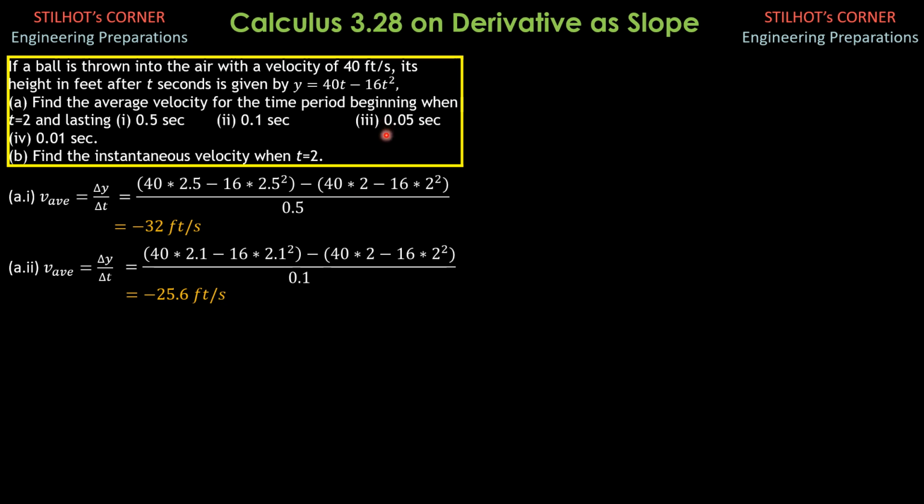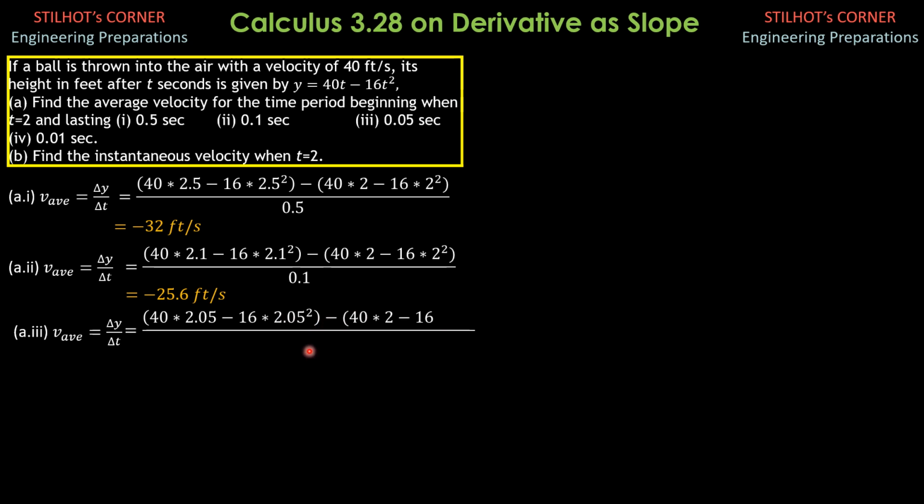Then for part 3, the average velocity is quantity 40 times 2.05 minus 16 times 2.05 squared, minus quantity 40 times 2 minus 16 times 2 squared, divided by 0.05. And the average velocity is equal to negative 24.8 feet per second.